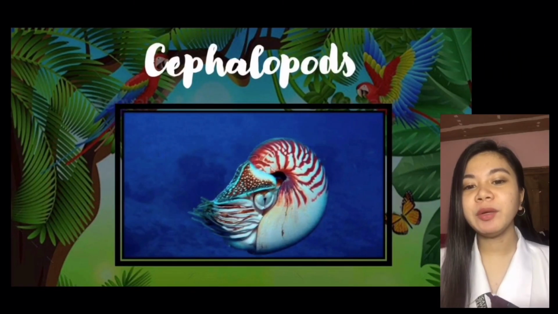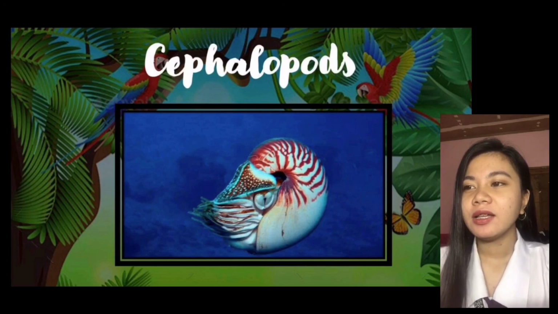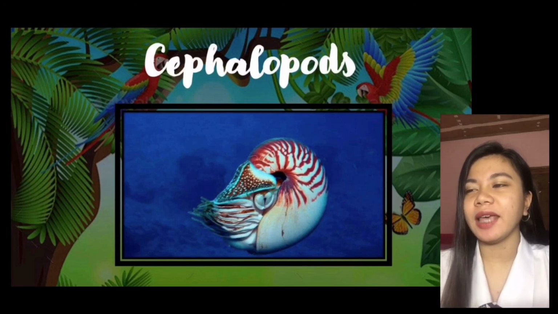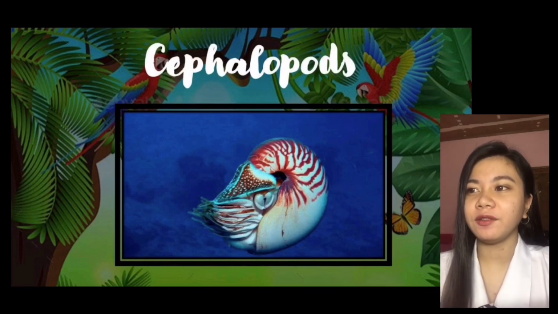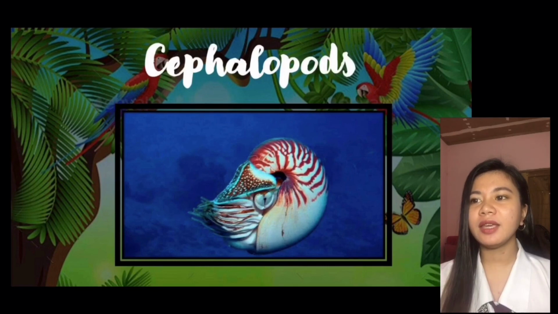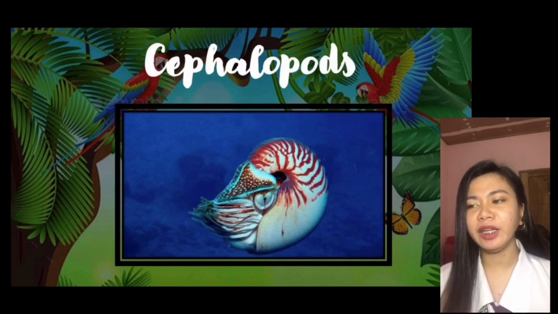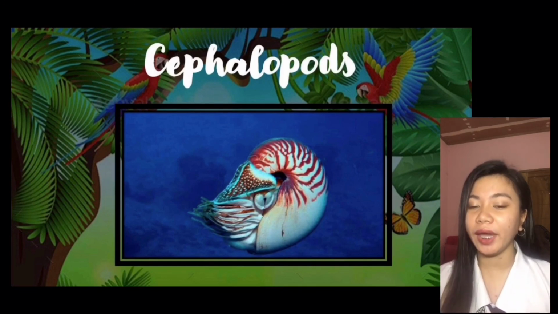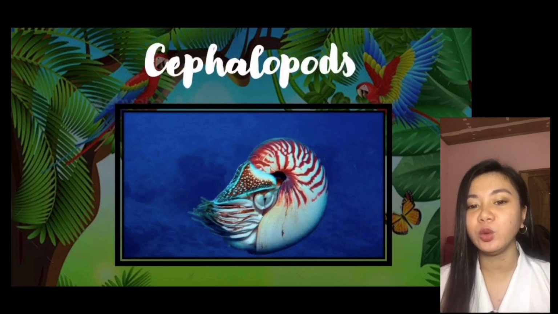So, the last common type of soft-bodied animals is the cephalopods. A cephalopod is any type of molluscan class Cephalopoda such as a squid, octopus, cuttlefish, and nautilus. This is exclusive marine animals. So, sila naman po is yung kind of soft-bodied animals which consist of at least 8 arms po, and meron po silang heads and 2 eyes.